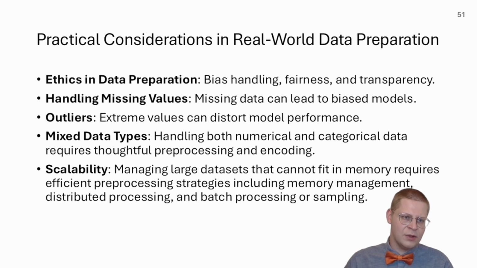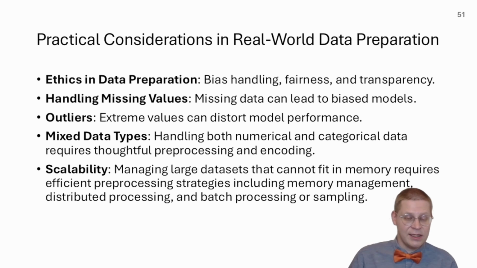And the same goes with outliers, so they can damage the model performance. We didn't cover mixed data types during this lecture, but again, keep in mind that handling numerical and categorical data requires thoughtful pre-processing and encoding. You should know which feature is of which data type and why, because sometimes you can mix them up.